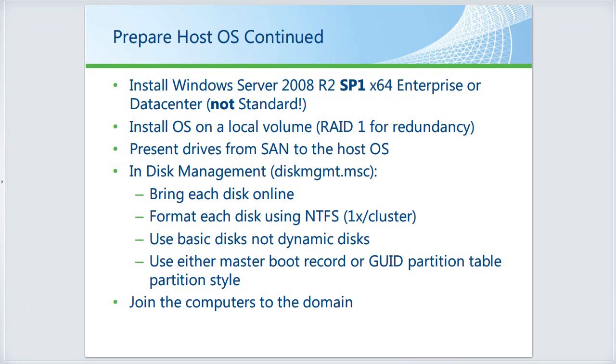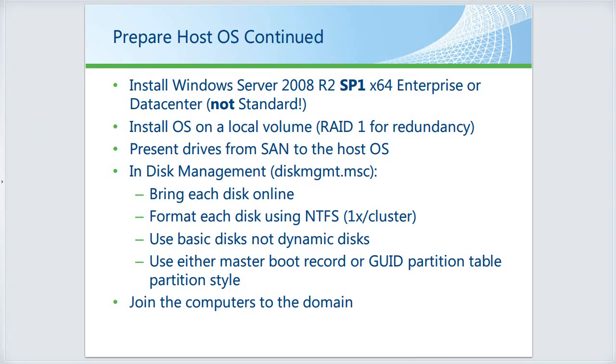Then make sure that you present the drives from the SAN to the host OS, and then go into Disk Management and bring each of those disks online and format each of those disks using NTFS. Just keep in mind that this is a shared disk amongst the nodes of the cluster, so you only need to do this one time within the cluster. Just do it on the first node and format it once.